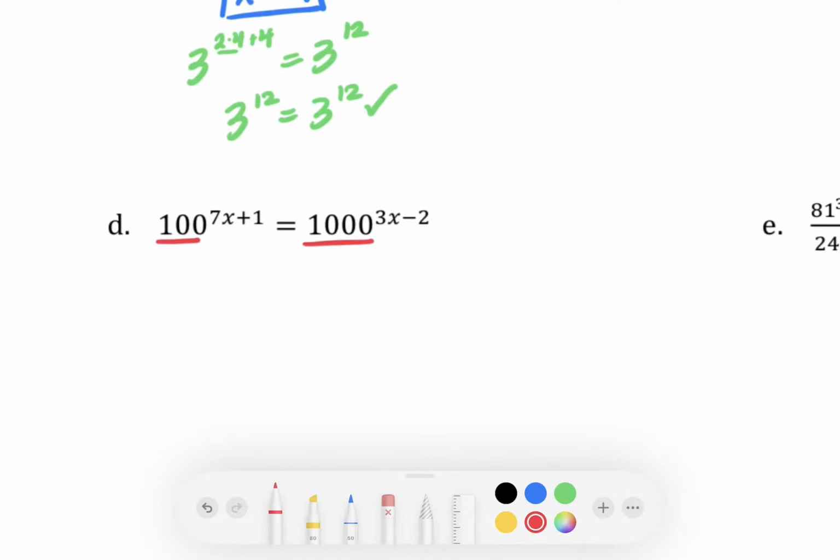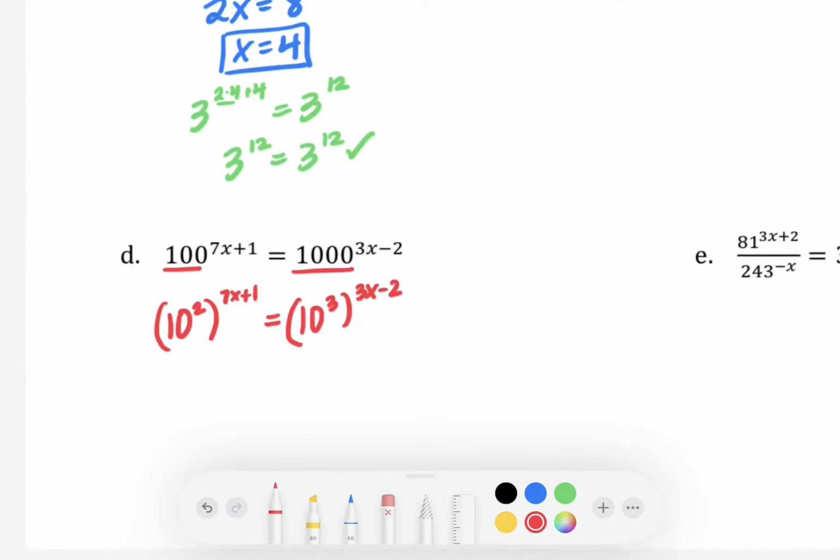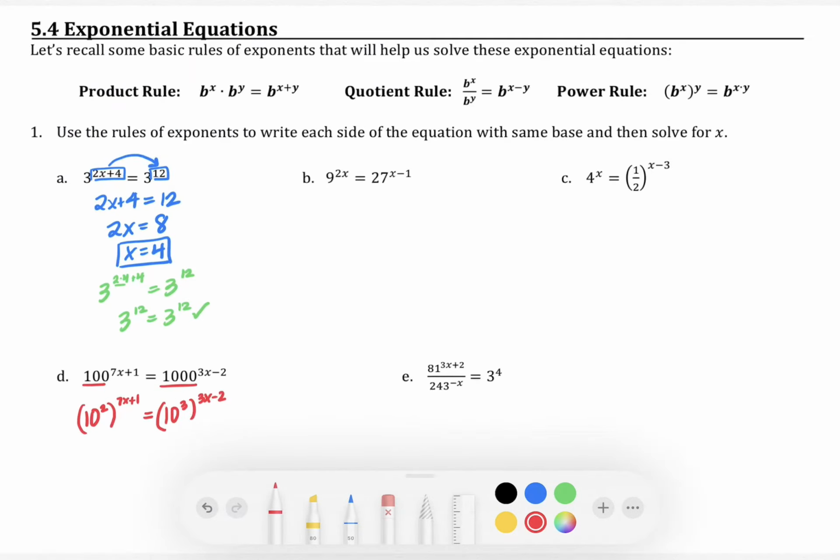So for example, this one I can write as 10 squared, or 10 to the second power, still raised to the 7x plus 1. And this one I can write as 10 cubed, or 10 to the third power, still raised to the 3x minus 2. Now this is where that power rule is going to come in handy. Here's our power rule again.